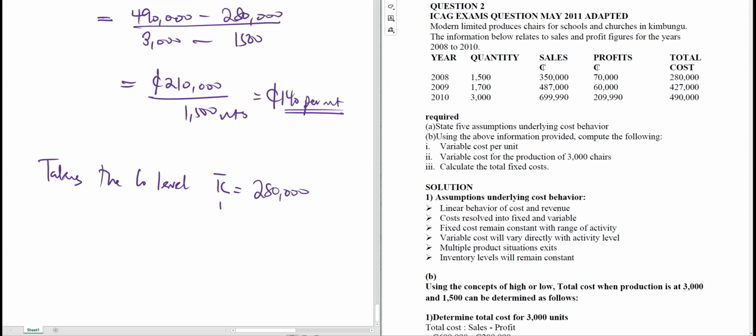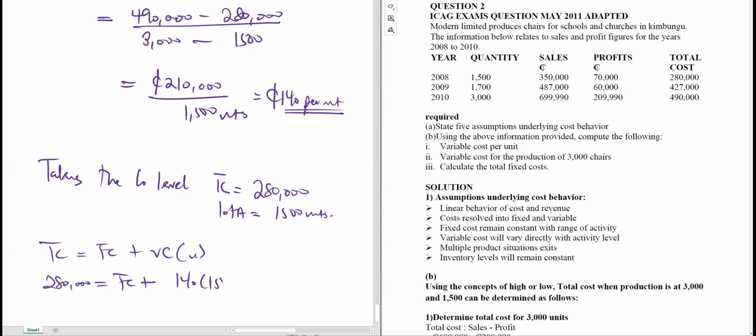The level of activity at that level was 1,500 units, right? So we know total cost equals fixed cost plus variable cost per unit times the number of units. So 280,000 equals fixed cost plus 140 by 1,500.